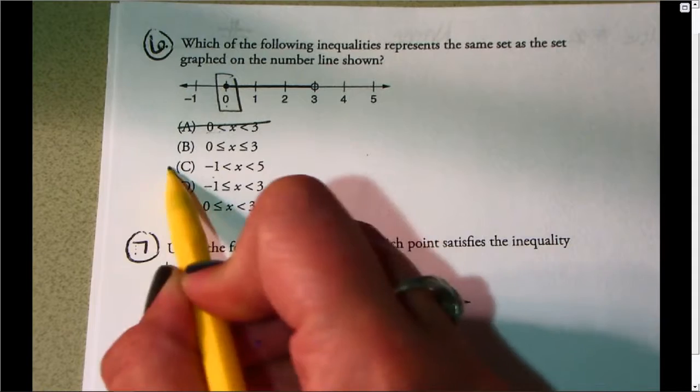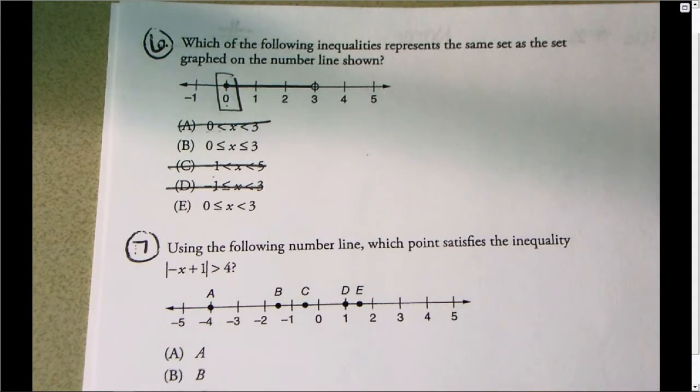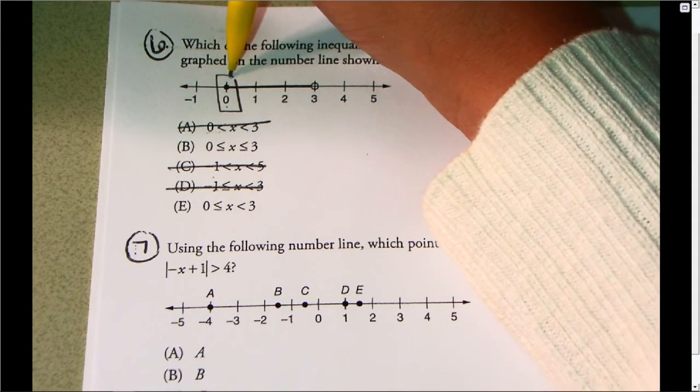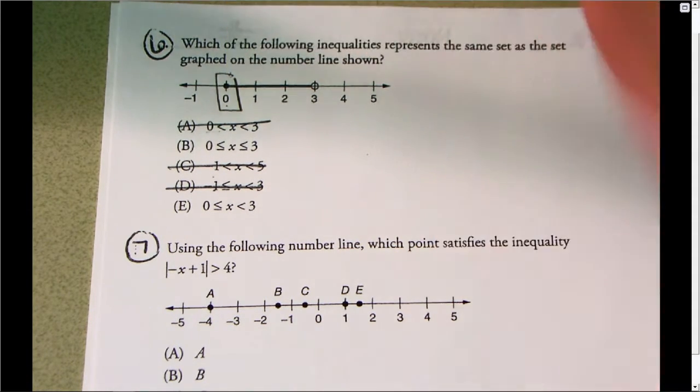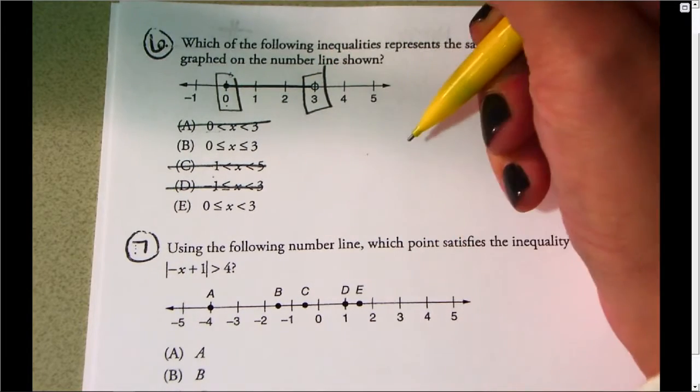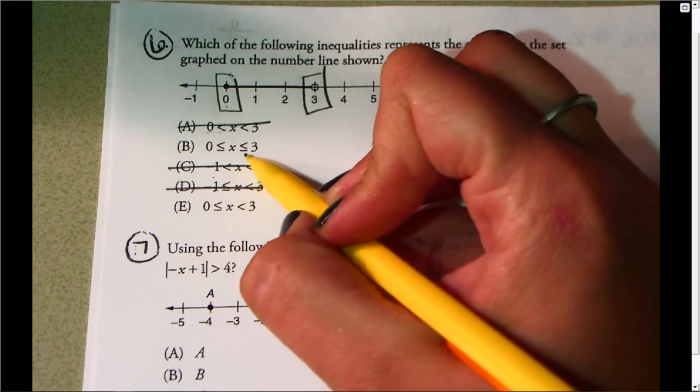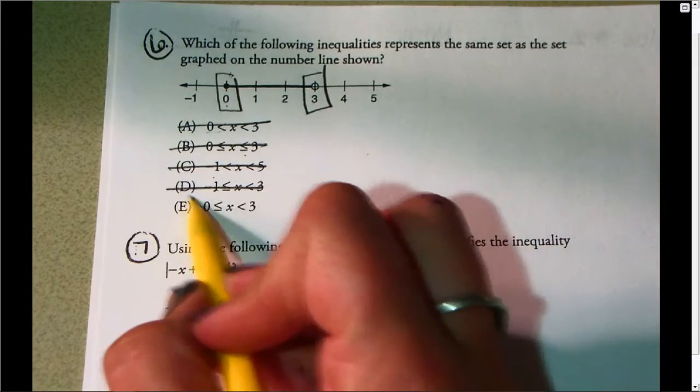This is not 0. This is not 0. So right there, 50-50 chance. Okay, just by understanding I should have a closed circle at 0, which means less than or equal to. Then over here, I have an open circle at 3. This represents a closed circle. So it is out and E is correct.